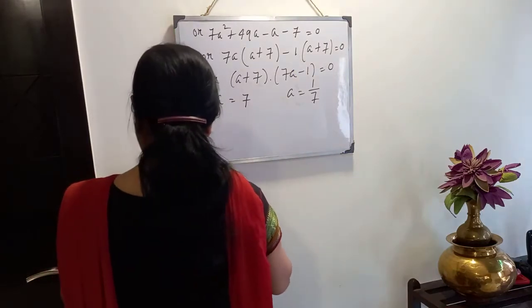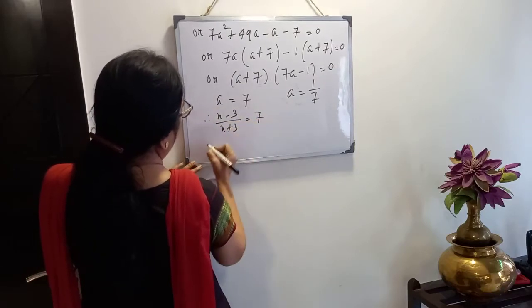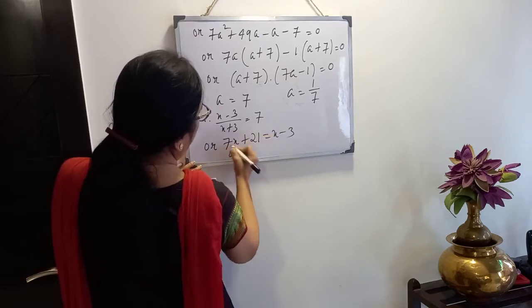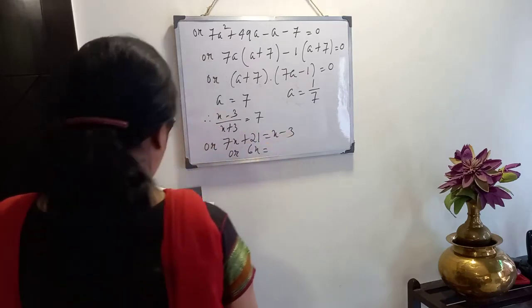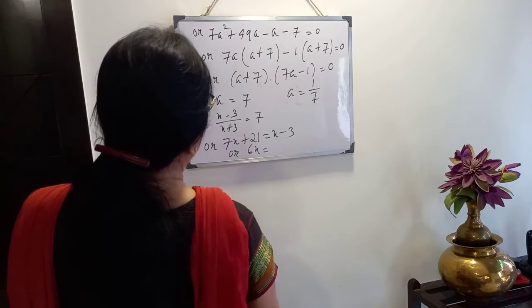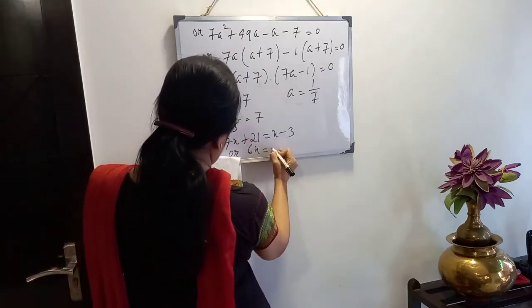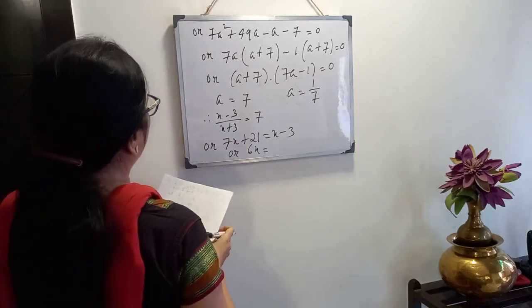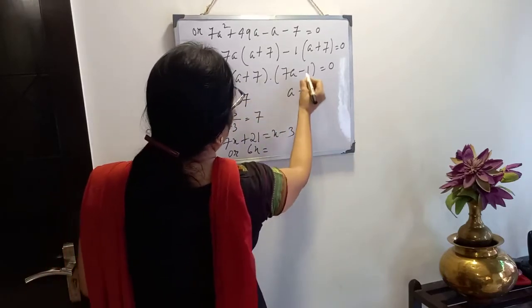A means we have considered x minus 3 by x plus 3, therefore x minus 3 by x plus 3 equals to minus 7. Then cross multiply.